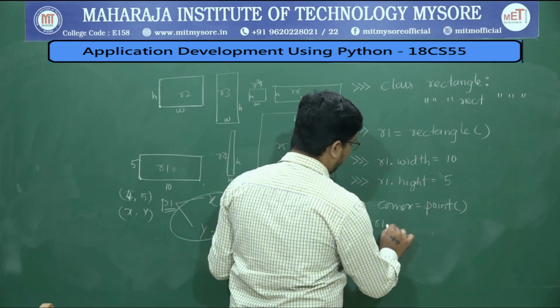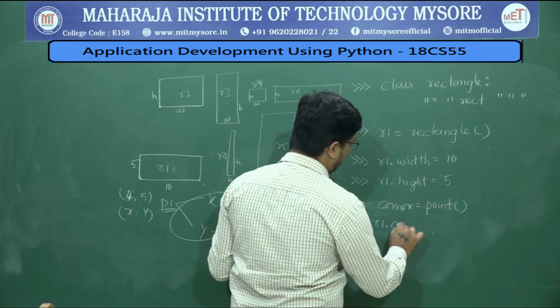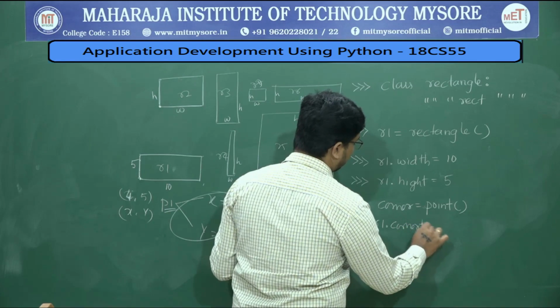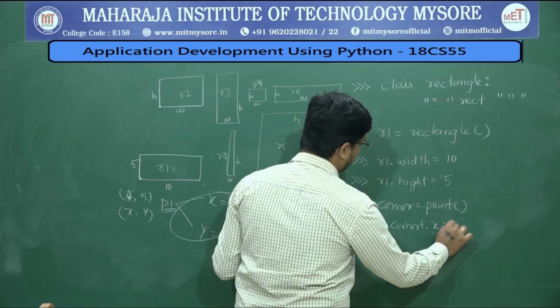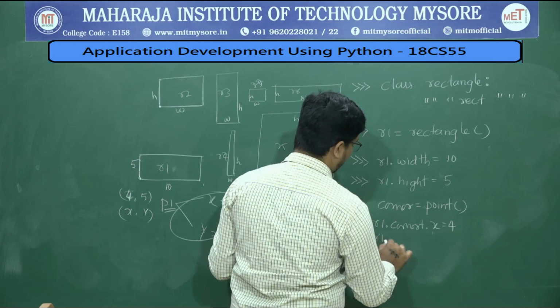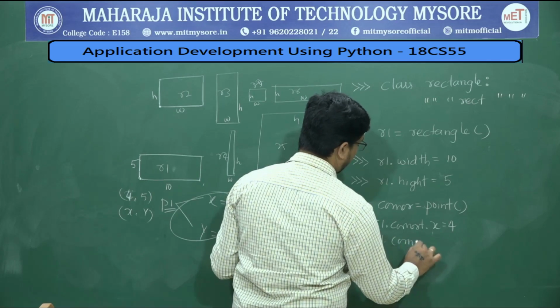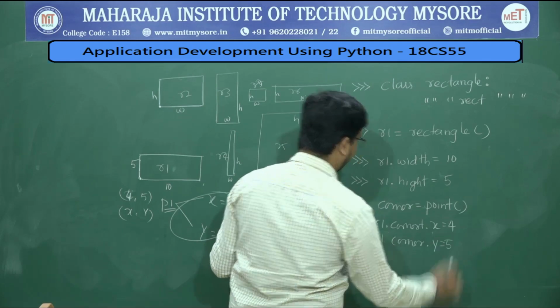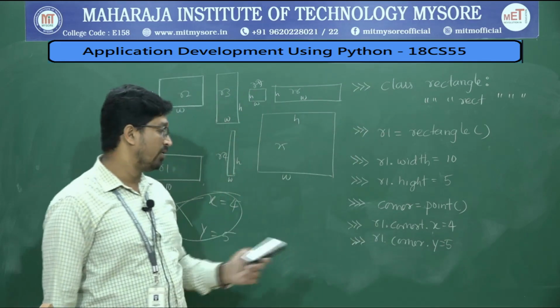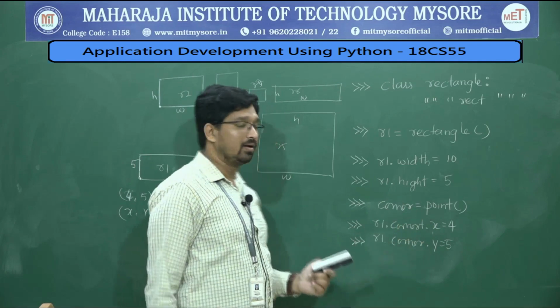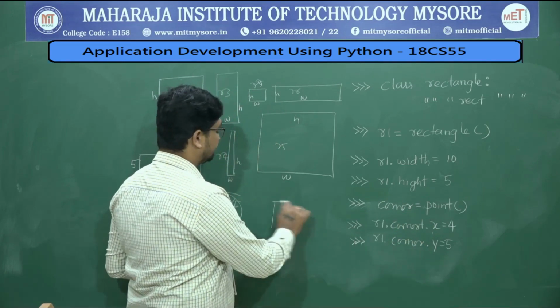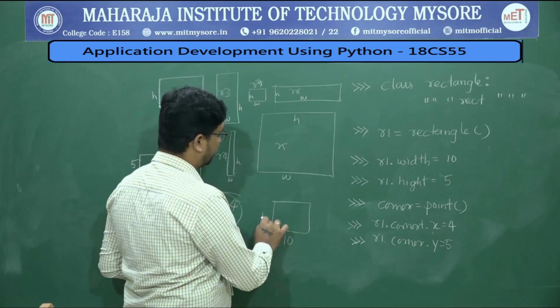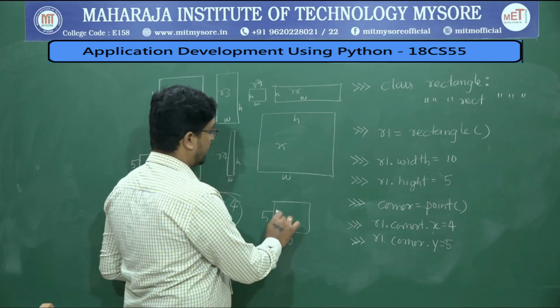Later you can say inside, R1 dot corner dot x is equal to 4. R1 dot corner dot y is equal to 5. So this is how we store a rectangle. Now I have a rectangle with width 10 and height 5.